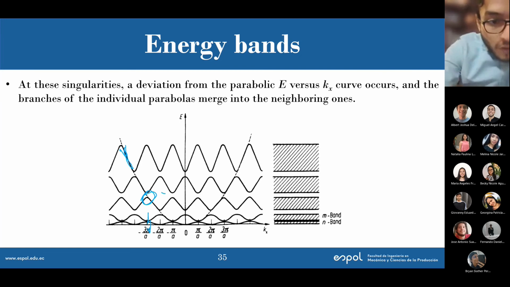Oh, it approaches that value. Oh, okay, discontinuity. And then, oh, okay, now you're away from that value again. Then you follow the same behavior of the free electron. Oh, again, discontinuity. And then again, the same behavior of the free electron, and again, discontinuity.